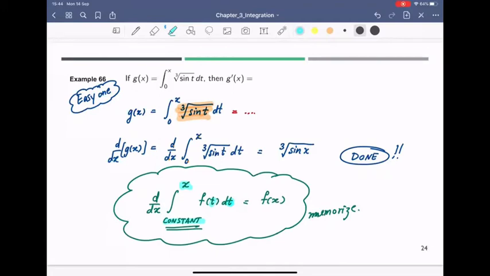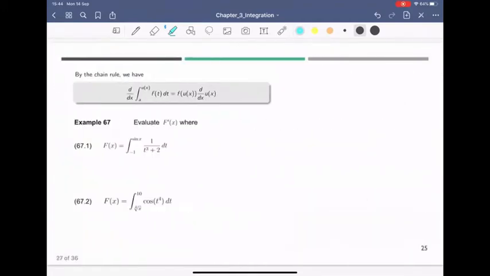So let's talk more about the chain rule and the fundamental theorem of calculus together. Let's say you don't have x on the upper bound of the integral, you have some function u.